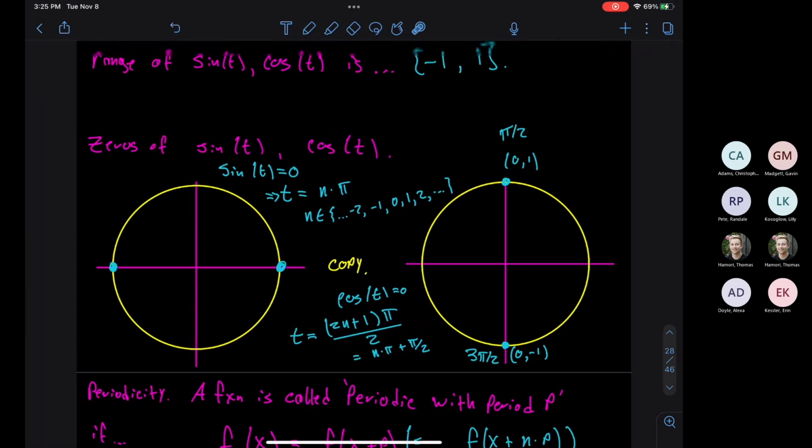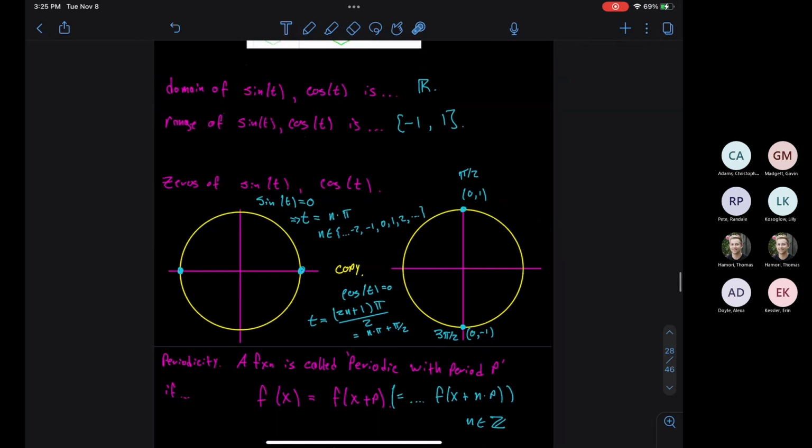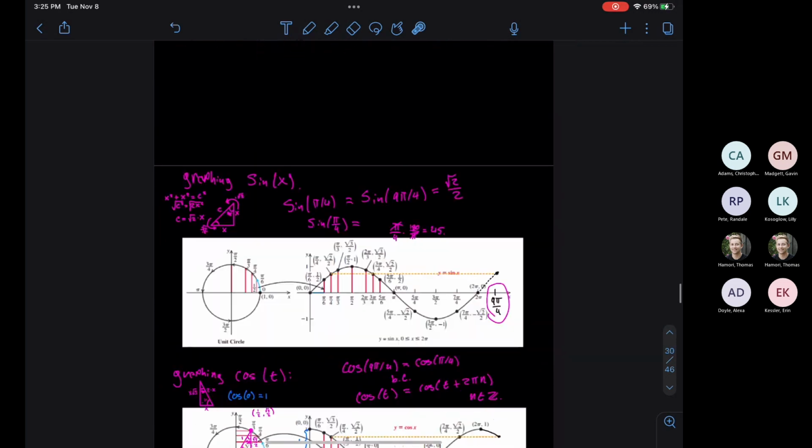Any questions on the zeros of sine and cosine? Okay, doesn't sound like there are, so let's see here.